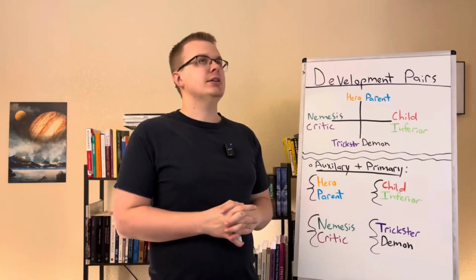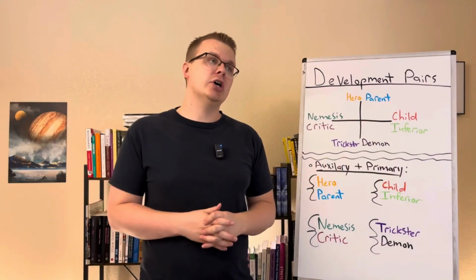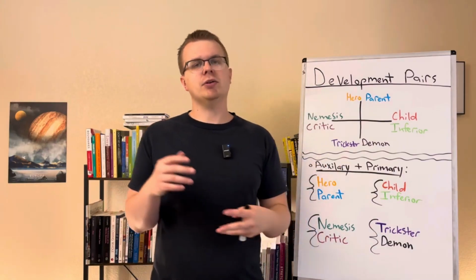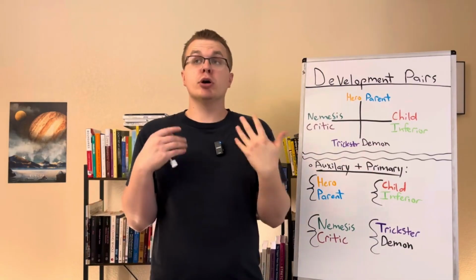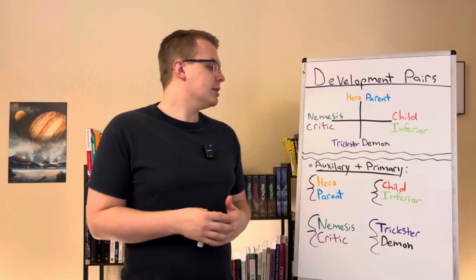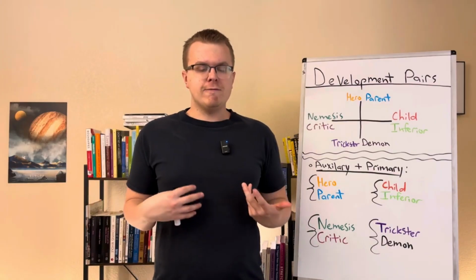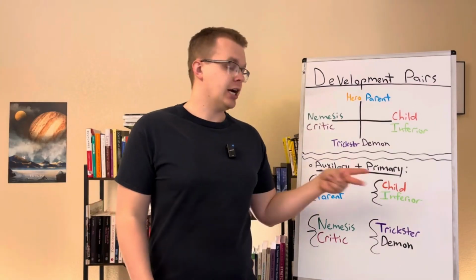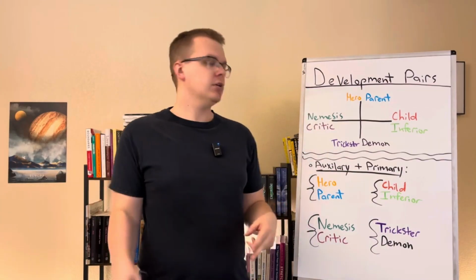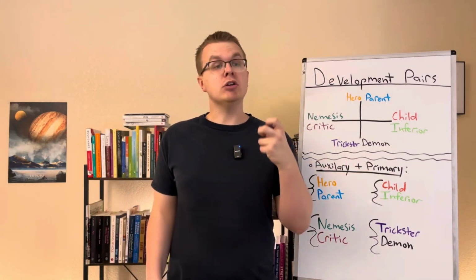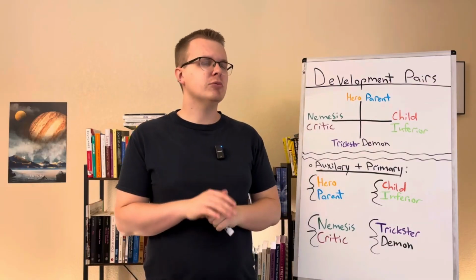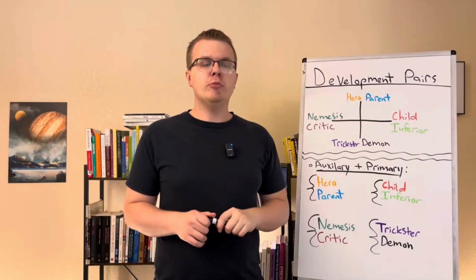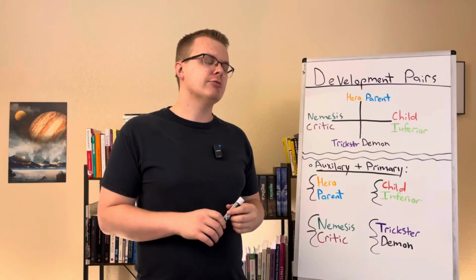I can't tell you how many ENTJs I know who've mistyped as an ESFJ or an ESFP, something like that, because of their development. A person at any point in their life will be a vessel for the energy of a child-inferior combo or a hero-parent combo. Are they a little more playful and certain and believe in their path in this sort of innocent way, or is it more deep and heroic and responsible?